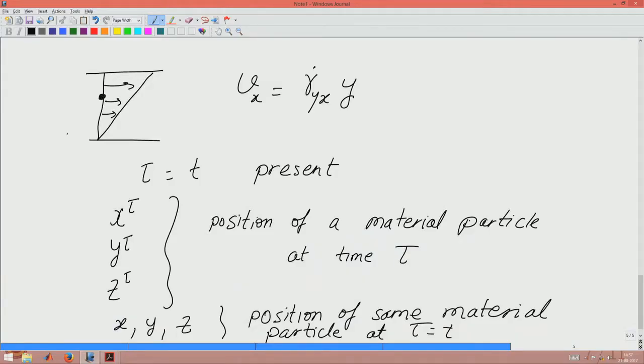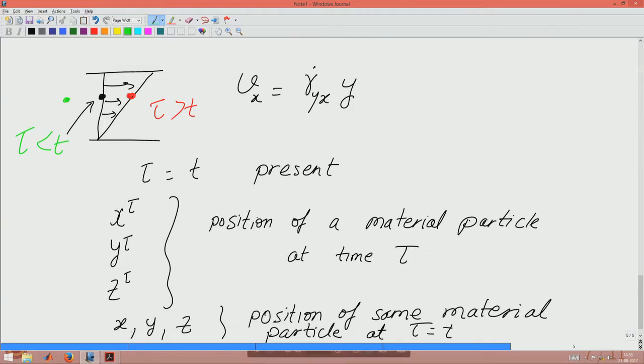Conceptually it should be easy to say that at present time if the particle is here, then somewhere in the future, when tau is greater than t, the particle would have moved. Similarly, if I take some time where tau is less than t, then the particle would have been to the left.